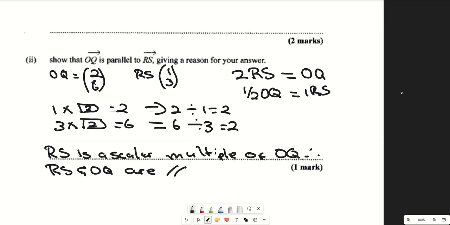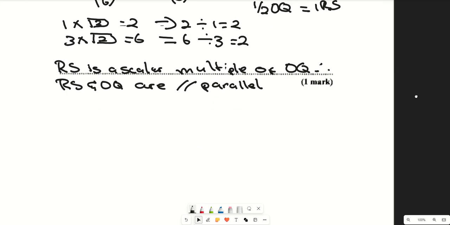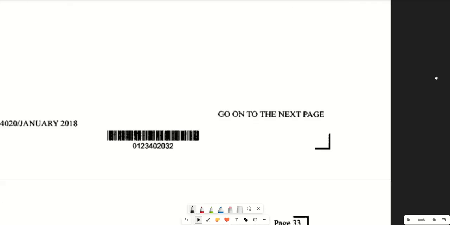That's the sign for parallel. You could just write the word parallel to each other, right? So if they are equal, they are parallel. And if they are scalar multiples of each other, they are parallel. Those are just the notes to remember when things are parallel to each other.